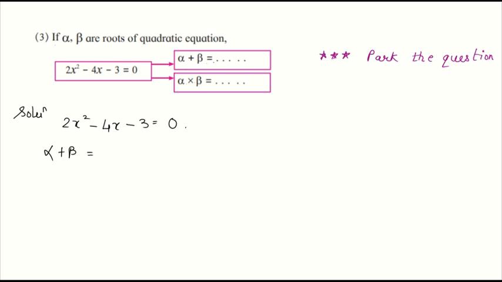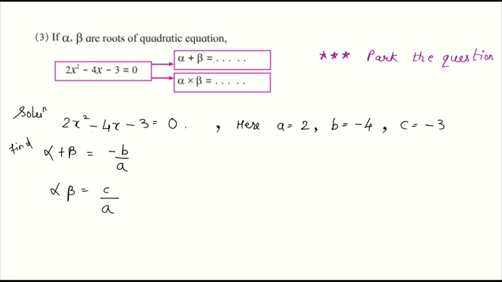If you remember the formula, alpha plus beta is minus b upon a. And we also need to find alpha into beta, which is equal to c upon a. So let us get these values first. Here a is equal to 2, b is equal to minus 4 and c is equal to minus 3.